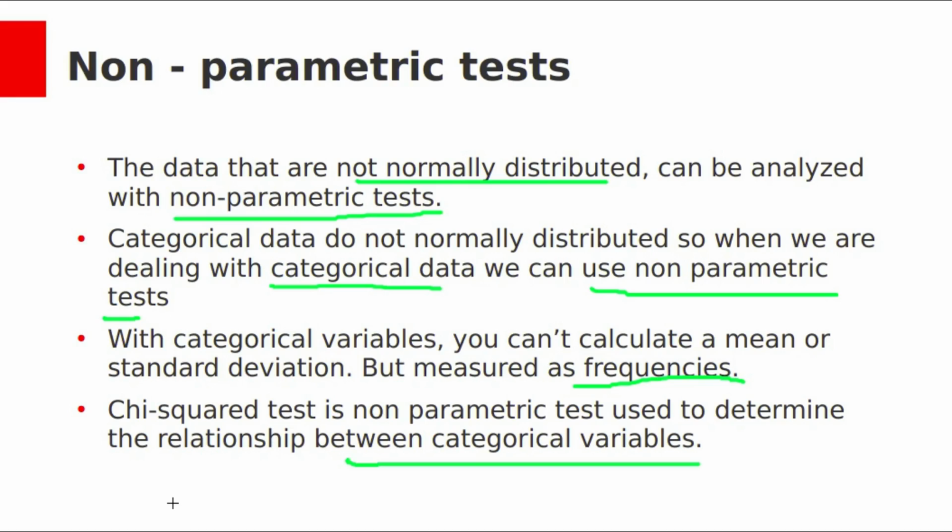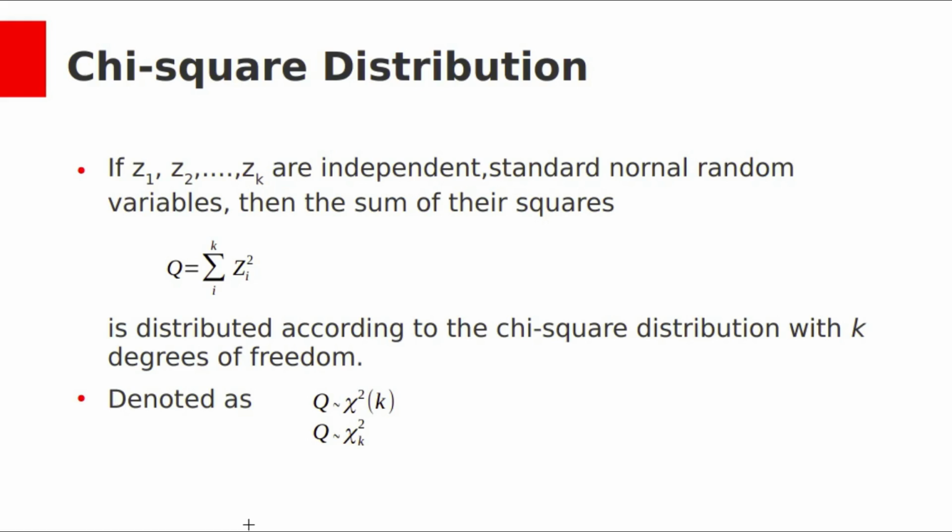Chi-square test is based on chi-square distribution. So let's see the chi-square distribution definition. If Z1, Z2 and so on Zk are independent standard normal random variables, then the sum of their squared values is distributed according to chi-square distribution with k degrees of freedom.